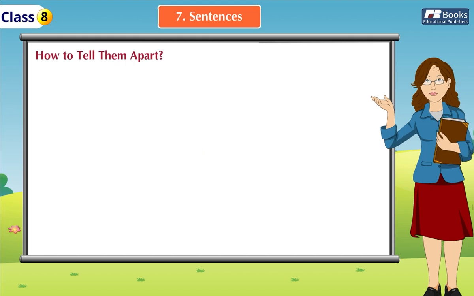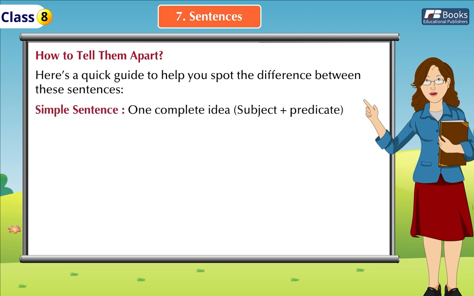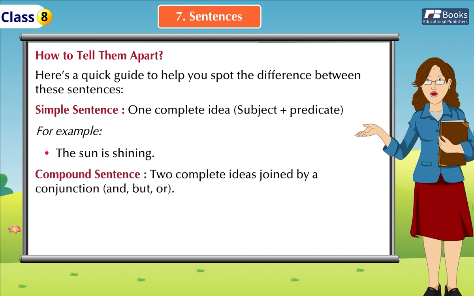How to tell them apart. Here's a quick guide to help you spot the difference between these sentences. Simple sentence: one complete idea, subject plus predicate. For example, the sun is shining. Compound sentence: two complete ideas joined by a conjunction: and, but, or.